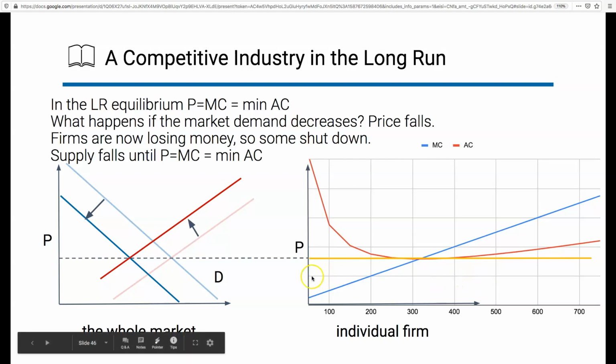So whenever the price in this market is different from the minimum average cost, it will be forced to actually get to the minimum average cost level. And on the industry level, on the whole market level, this is achieved by the adjustment in the number of firms.